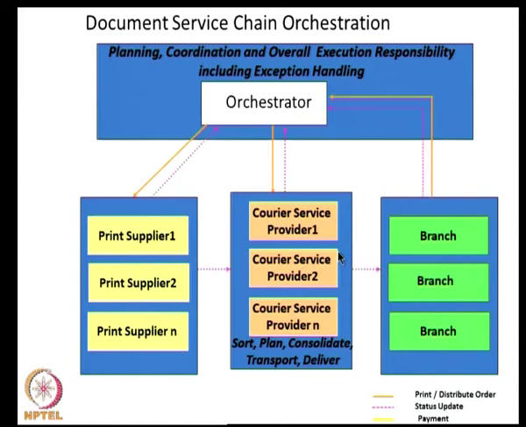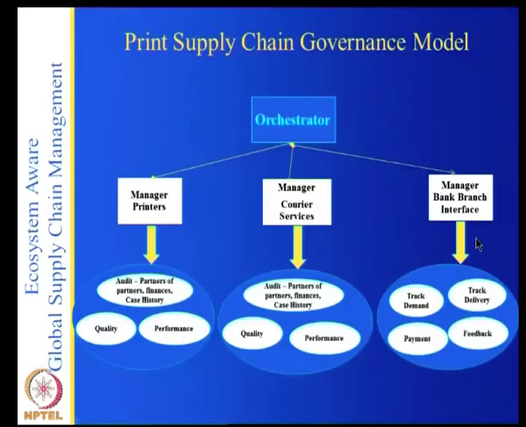Whatever each branch requires is told to the print service, and finally it goes back. So you can have a print supply chain governance model that manages the entire thing. In other words, there are managed printers, managed courier services, and a bank branch interface.